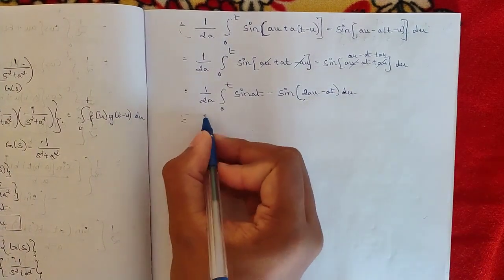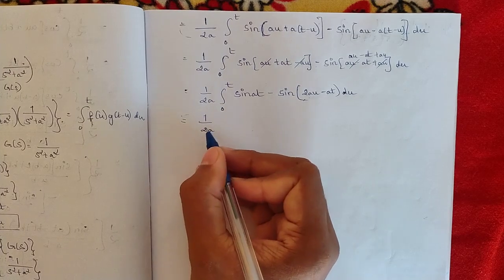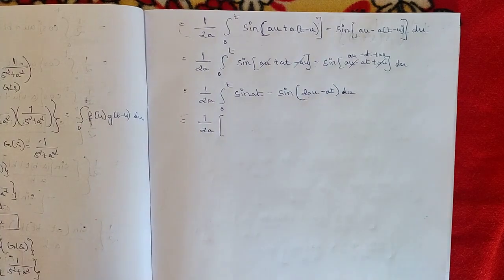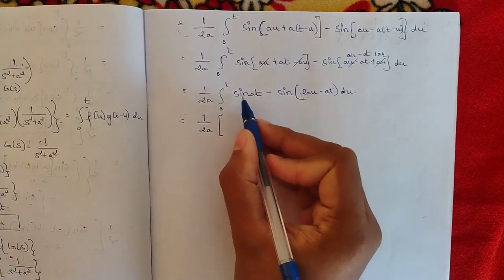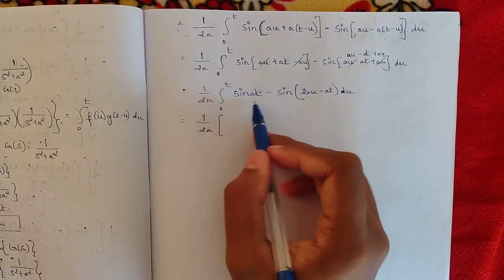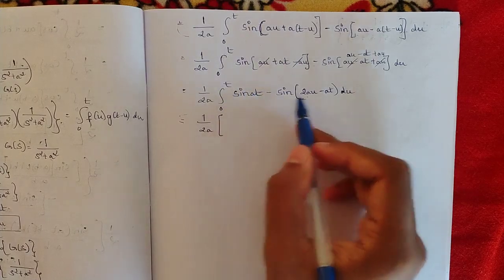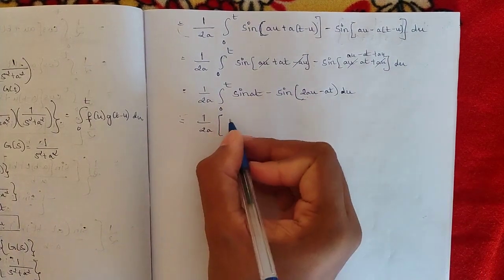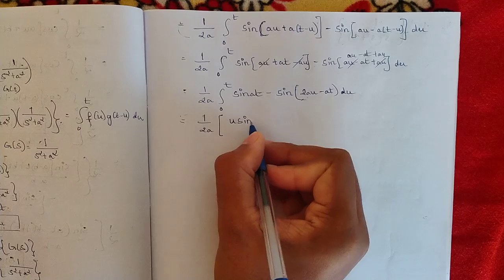So now 1 by 2a into integrate sine at with respect to du. Okay, so if we integrate, here we don't have any u term, so this whole term would be a constant, and integration of du is u only, so u sine at would be remaining.